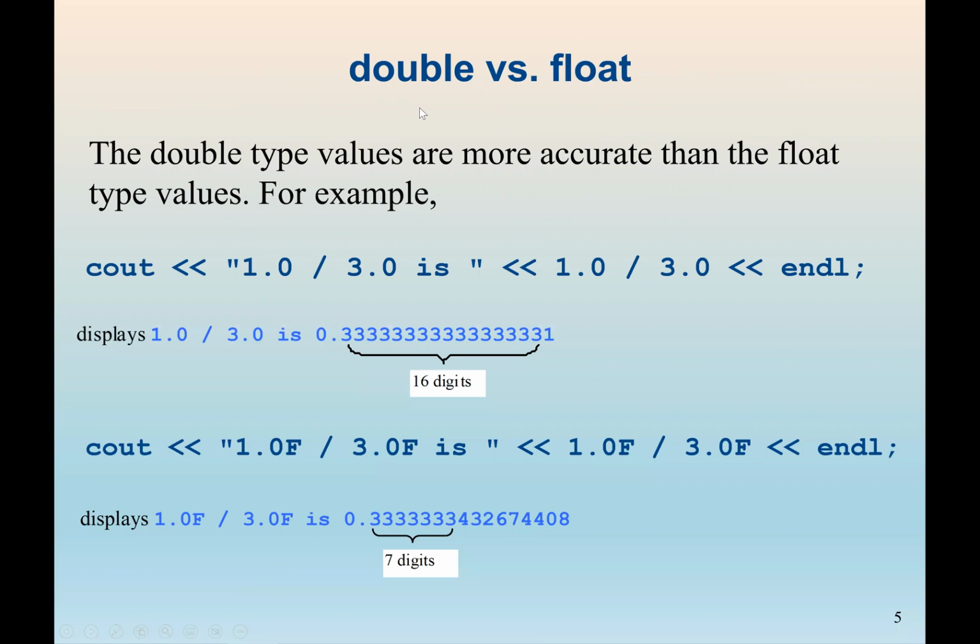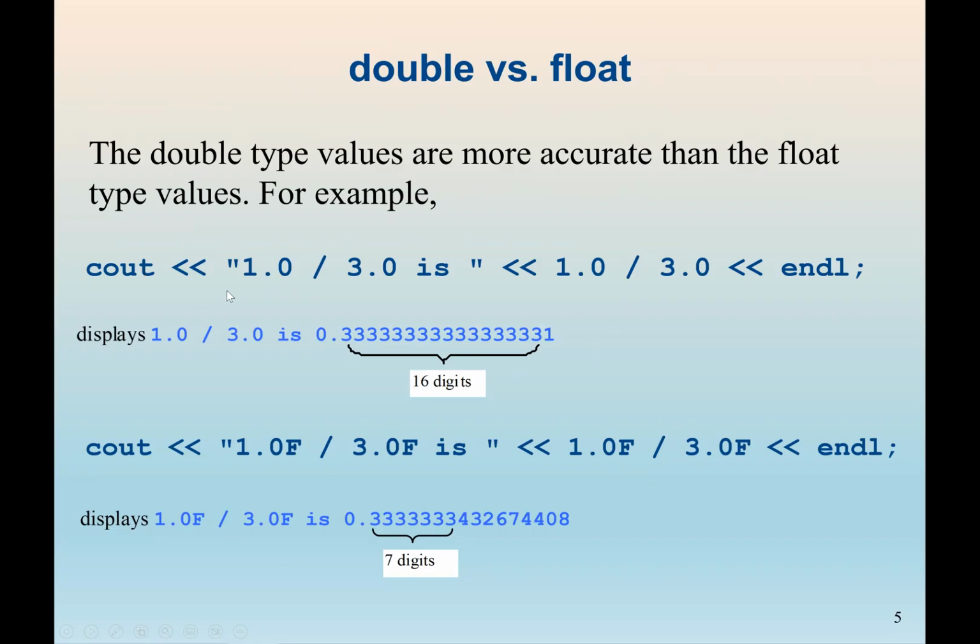Also in C++, we have the double and float. Again, these are decimal values. The difference between double and float is the number of decimal places. So we can see here, if we use a double, we are going to get 16 digits of decimal places, or sometimes we use the term precision. And if we use float, we are going to get 7. So we say that the double type values are more accurate because they give us more decimal places than the float type values.